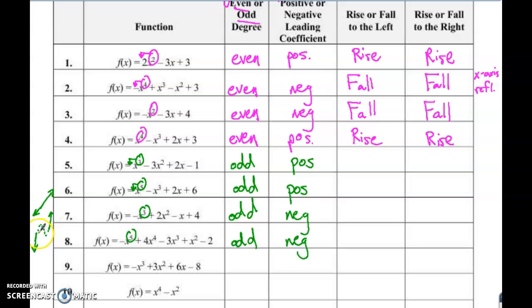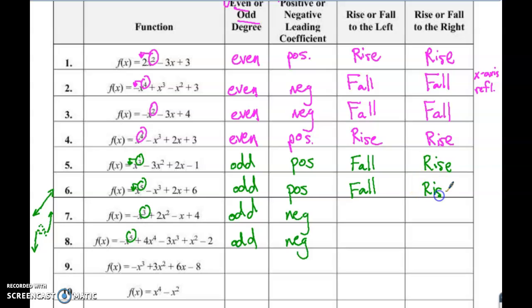It doesn't have to, by the way. If it's a fifth degree, it'll have 4 turning points. But no matter what, if it's an odd degree positive leading coefficient, it falls to the left and it rises to the right.